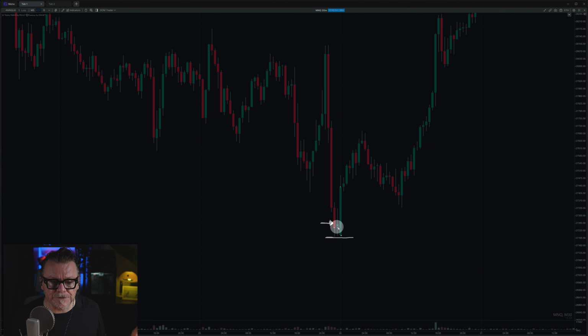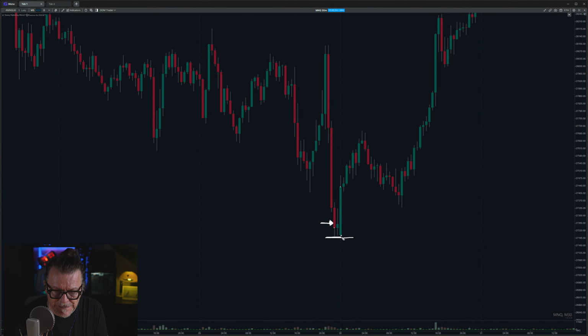However, it did not create a lower low. The lowest low of this downtrend was created here at this level with this candle. So, at the moment of closing this candle, there is a so-called potential order block existing. And because the candle is negative, then it's a potential support order block.